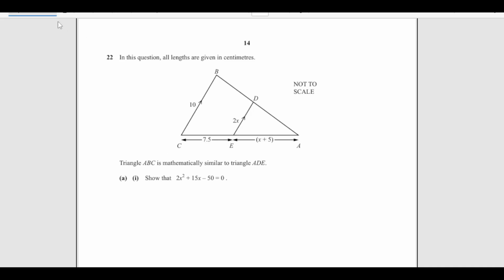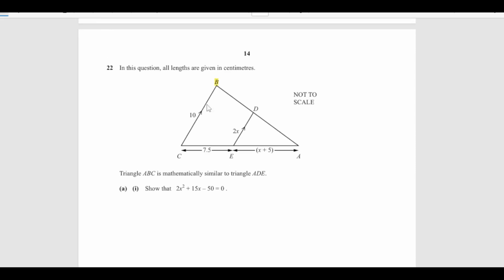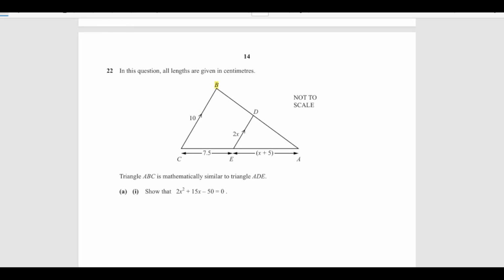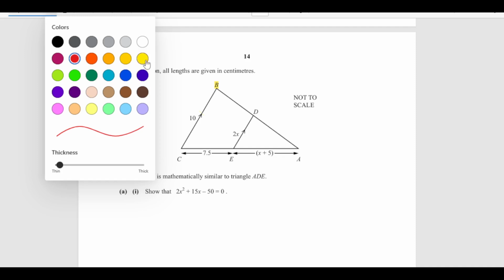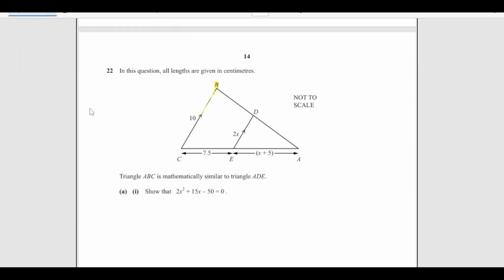So we are talking about, let me show you, this bigger triangle from here, this one and this smaller one, right? So they are similar.